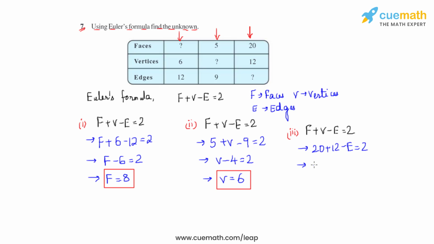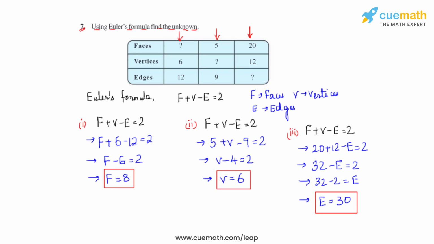If we solve the left hand side, we'll get 32 minus e is equal to 2, or we'll get 32 minus 2 is equal to e if we transpose e to the right hand side and 2 to the left hand side, and at the end we'll get e is equal to 30. So we've got the unknown of the third column as well.